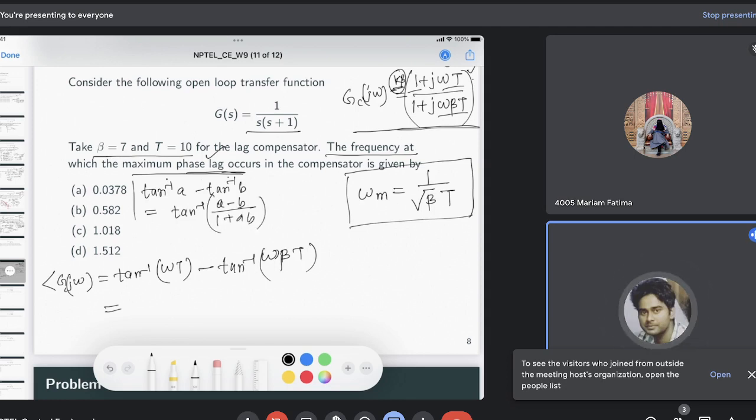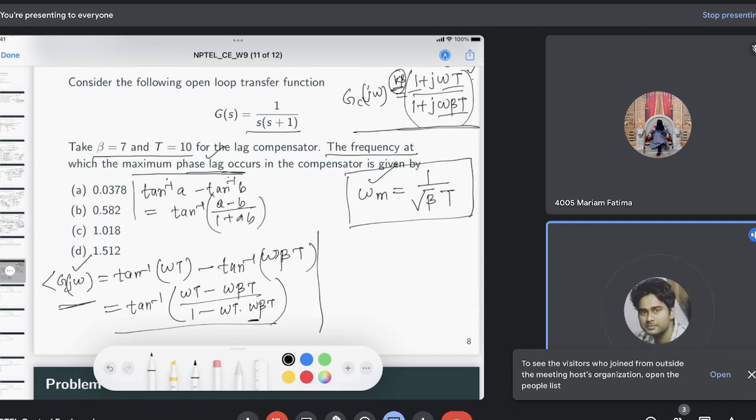Using that, we can write tan inverse of (omega T minus omega beta T) by (1 plus omega T times omega beta T). Then, since this is the phase angle, you take the derivative with respect to omega. That is already done in the lecture video. We compute the frequency at which this derivative is 0, and we find omega m, the frequency at which the maximum phase angle occurs.